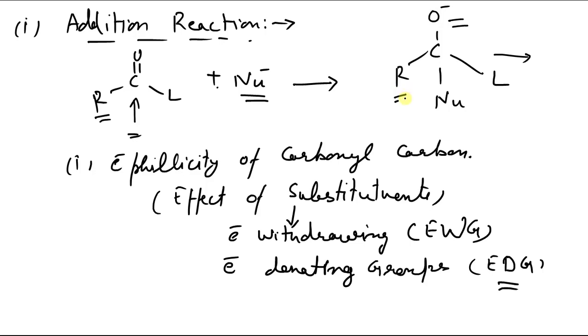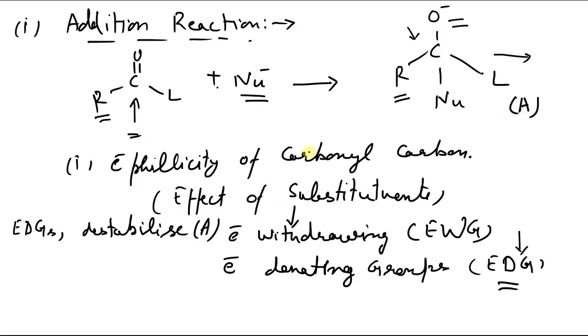If this R group has an electron donating effect, it will destabilize it by intensifying the negative charge. So electron donating groups destabilize it, let me give it the name A. They destabilize A because they donate electrons and intensify the negative charge.